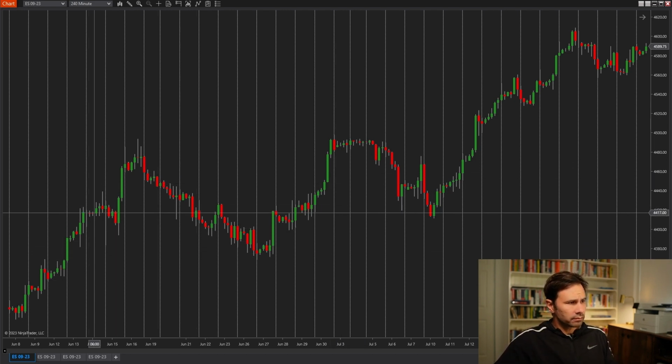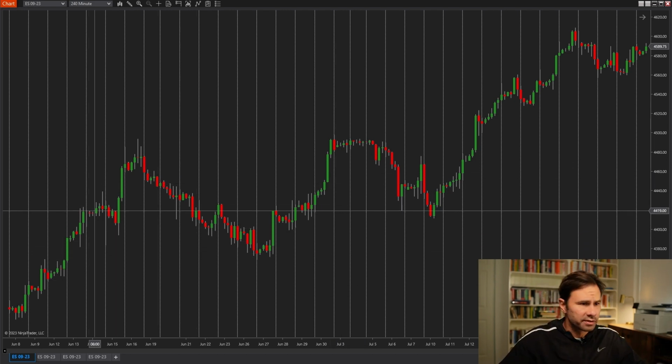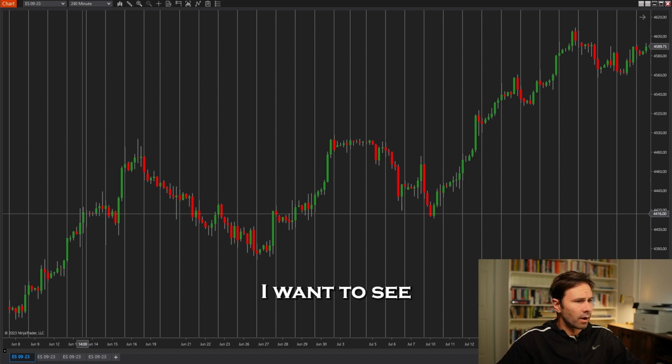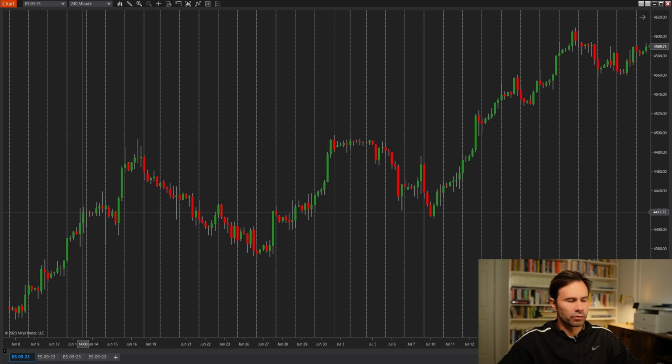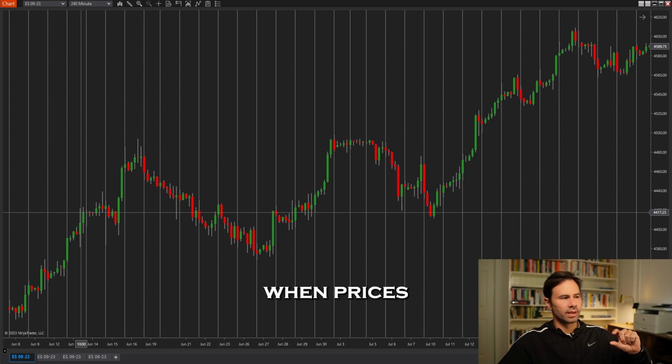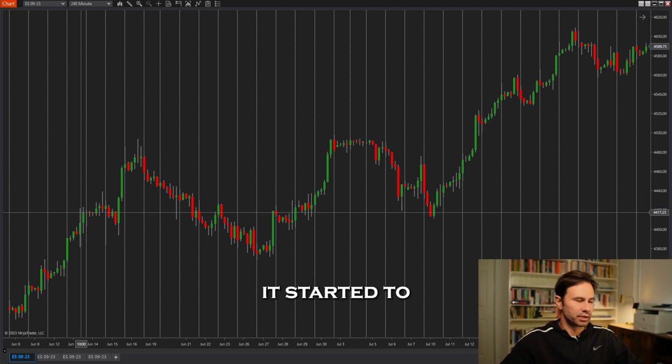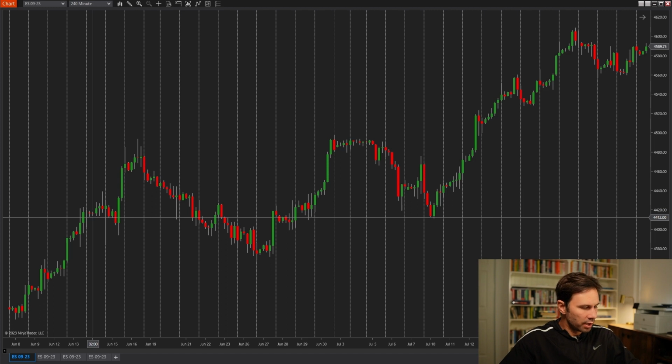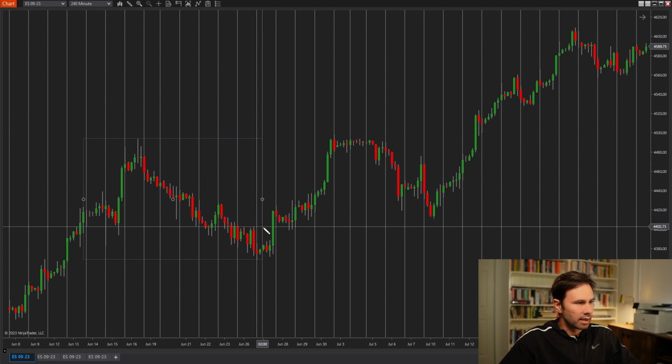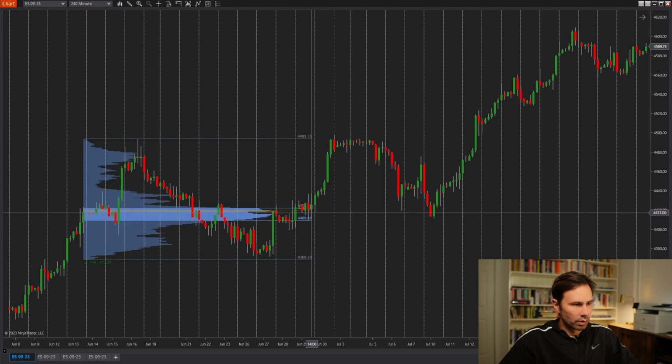So the way I draw these things is, I want to see where the range started, meaning when prices came into the range and started to create the range. Here I can see, around this level, you can find this one, okay?